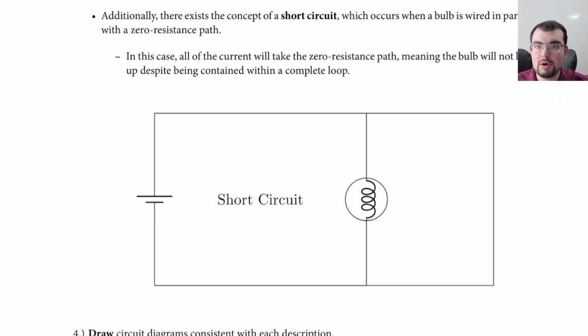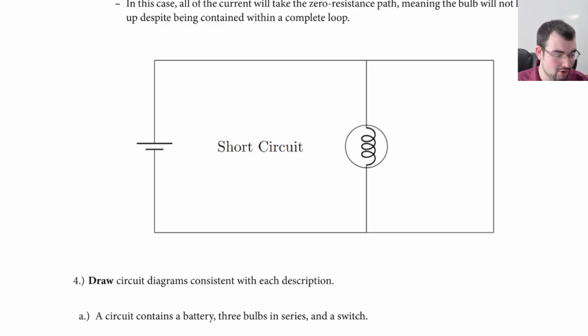So we want to break a misconception right now that says current takes the path of least resistance. That is not true. Current will preferentially split, where more current goes down the less resistive paths, but the only time you get all the current to go down the path is if you have no resistance on one of the paths.